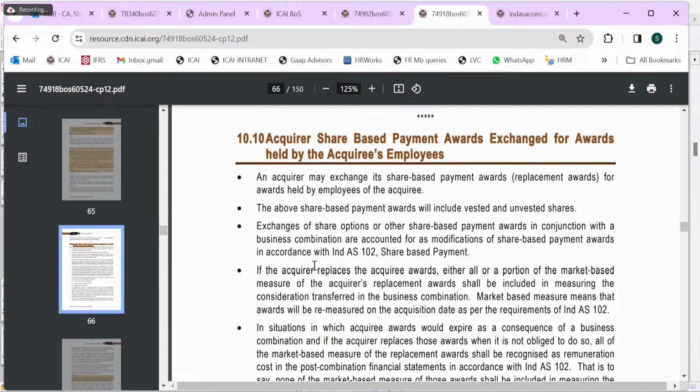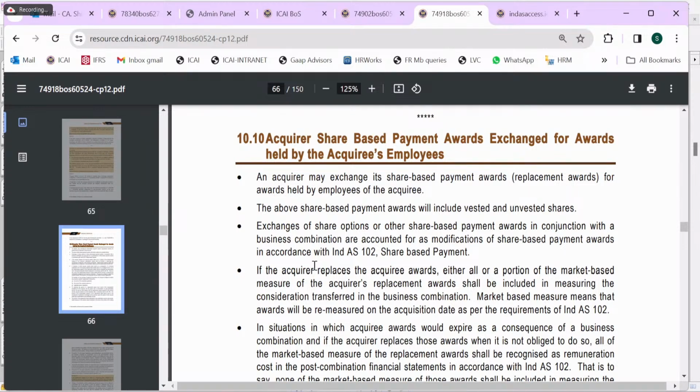The provision of Ind AS 102 to be applied in such a scenario is modification of share-based schemes. When the acquirer entity is giving replacement awards as a substitute for the share-based payment awards of the acquiree's employees, valuation and accounting are to be done as per Ind AS 102 Share-based Payment. Fine. So we have to move to share-based payment.